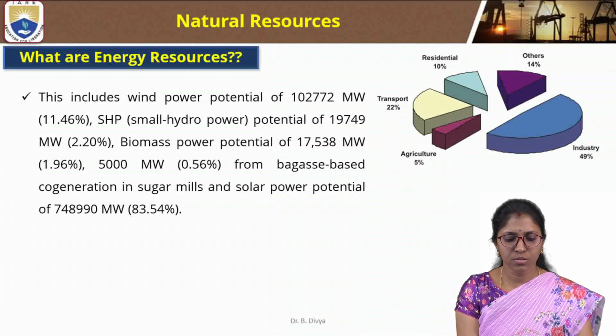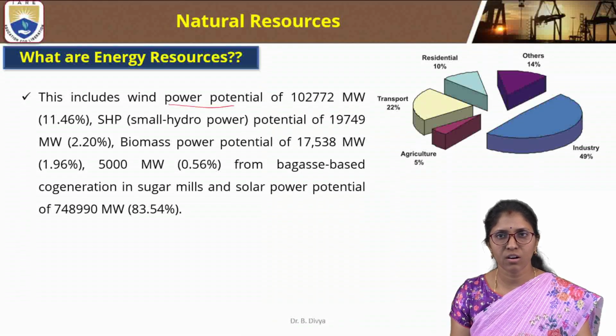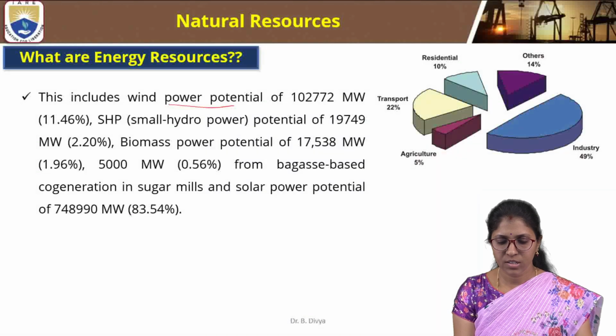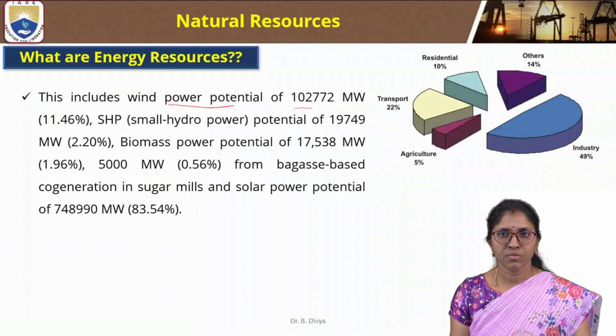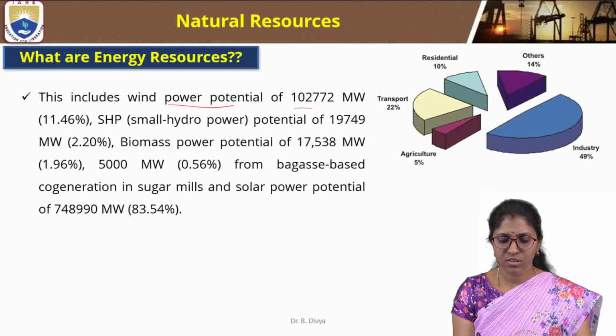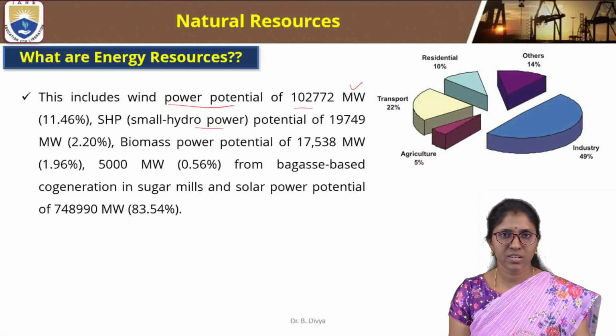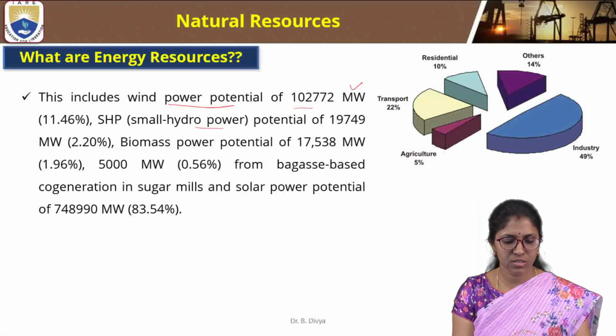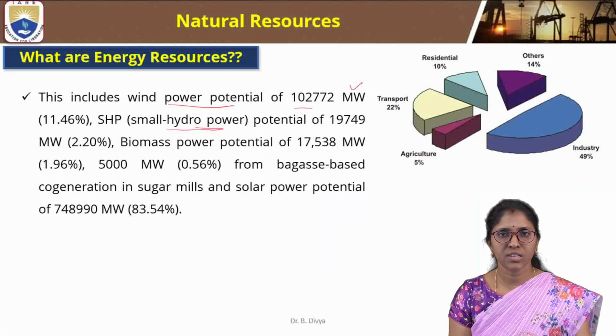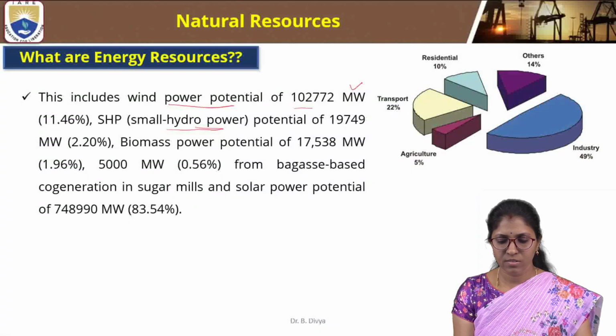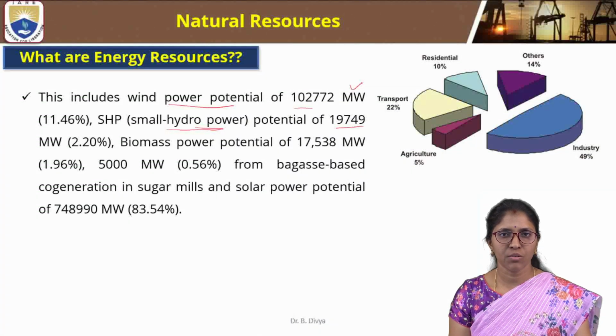This includes wind power potential of 1,02,772 megawatts, that is 11.46%, and small hydropower, that is SHP potential, of 19,749 megawatts, that is 2.20%.